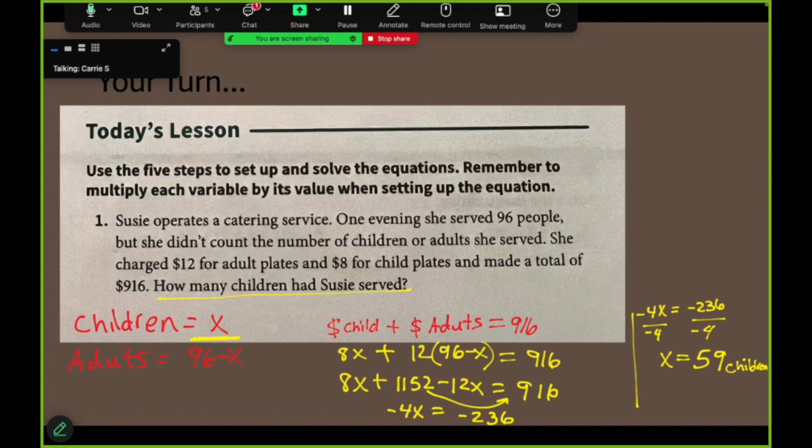You could have picked x for the adults, and children would have been 96 minus x. And then when you substituted in, you'd have substituted in the backwards way and had a different answer, but then you have to go back and find it. So that's why we were nice to you and picked the x for the children, because it would be easier when you're done. Please ask me some questions if you don't know how I got 59.